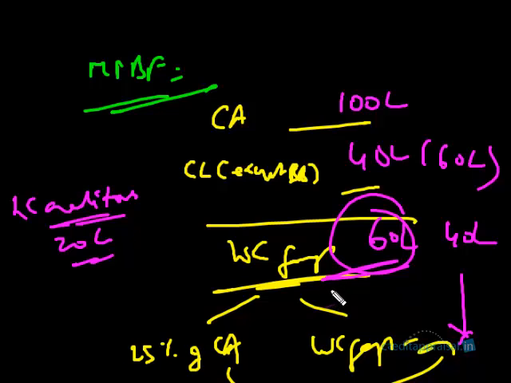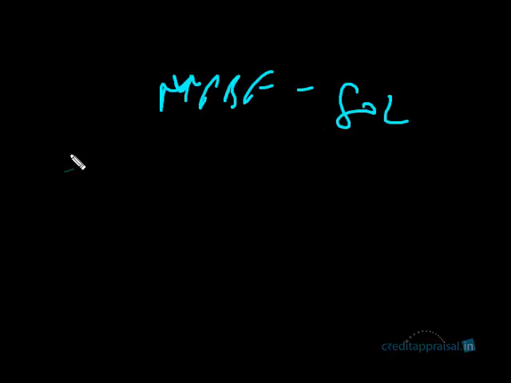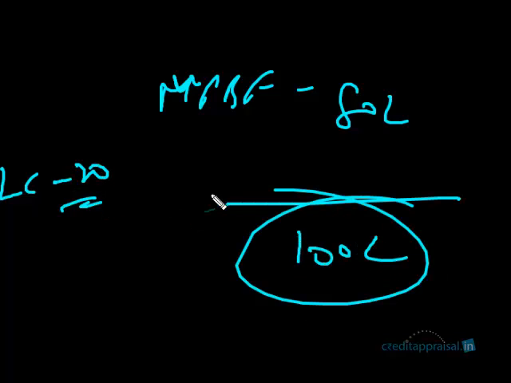So whenever dealing with LC limits, always make the point that the LC limit should be reflected in the creditors. Alternatively, if that is not the case, say for example, MPBF is 80 lakhs. Your LC is 20 lakhs. Then your MPBF should be assessed at 100 lakhs, right?